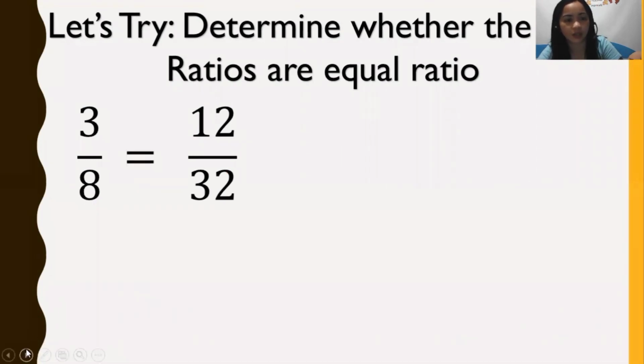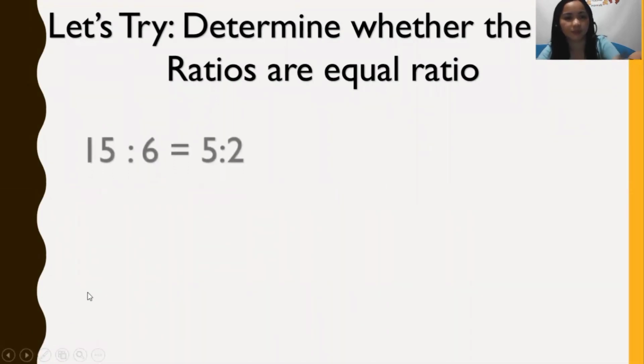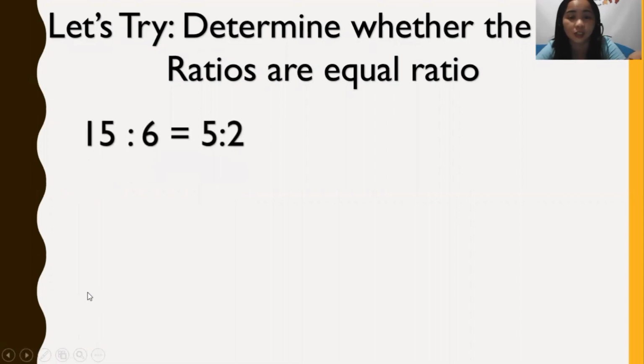Okay, I want you to try this given. We have 15:6 equals 5:12. I'll give you 30 seconds to determine whether it is a proportion or not. Okay, time's up. Let's see if your answers are correct.